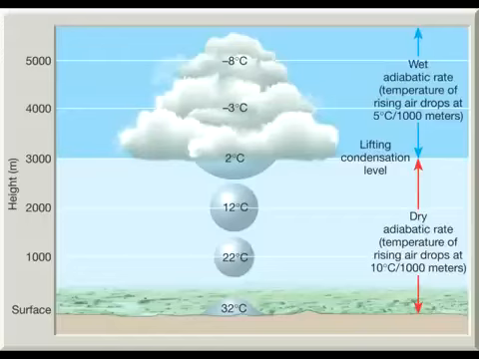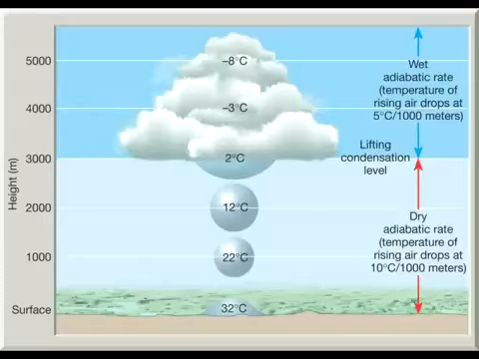The process of condensation releases energy. Therefore, the rate at which the air temperature decreases from the lifting condensation level upward will be less. The air parcel still expands, it still cools down, but not so much anymore due to the fact that energy is released through condensation.